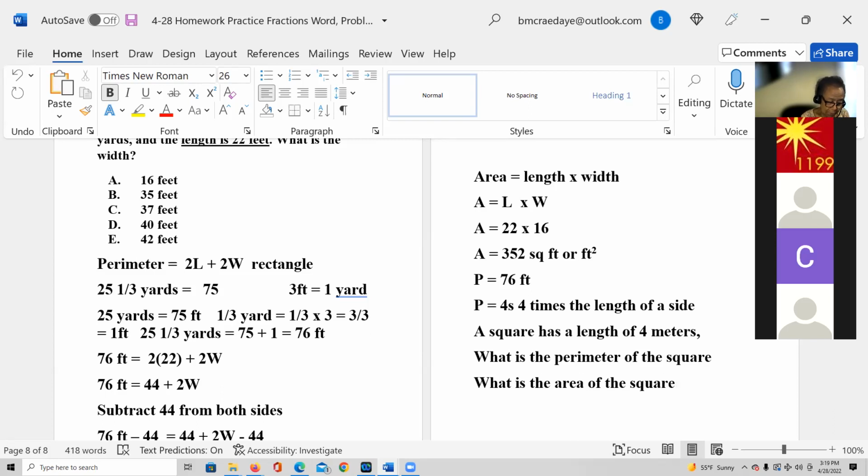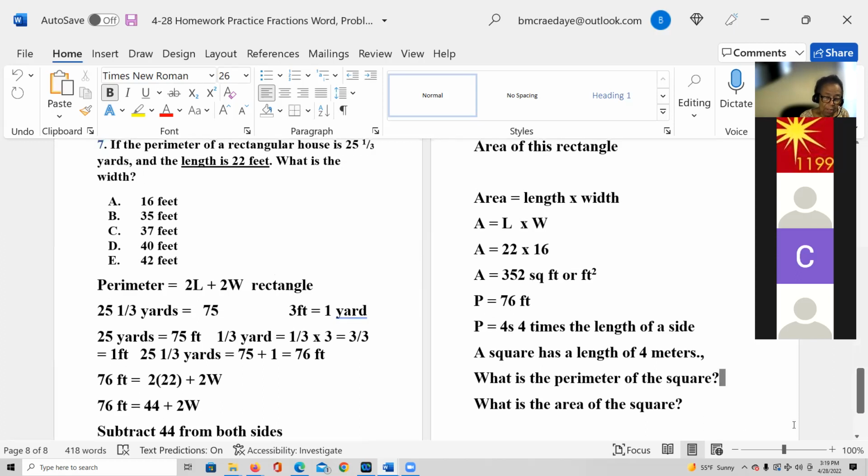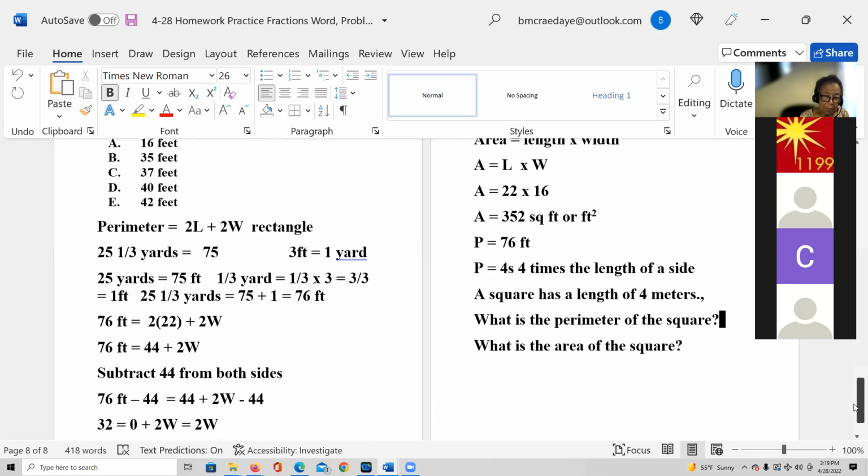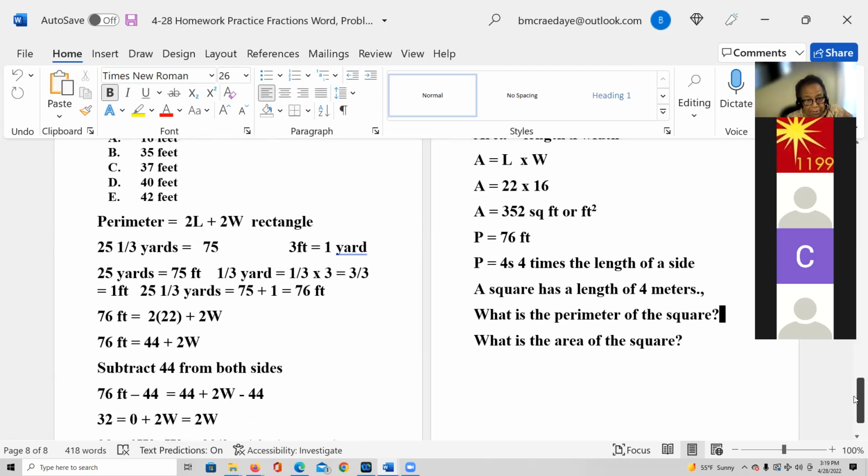The square has a length of 4 meters. What is the perimeter of the square? That's the first thing I want you to find. What is the area of the square? The area is just length times width.